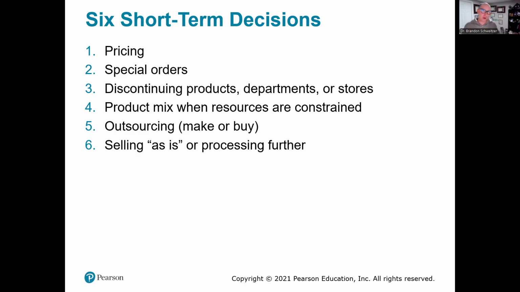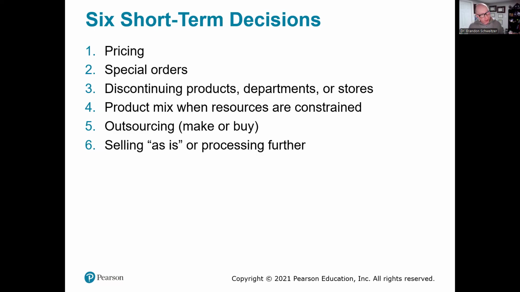And another decision that managers are commonly faced with in the short term is, do we sell it as it is or do we process it further? The example I like to give with this one is gasoline. Gasoline is a byproduct of petroleum, oil, right? We can make a whole lot of different products with oil, with raw petroleum. And so we pump the oil from the ground.